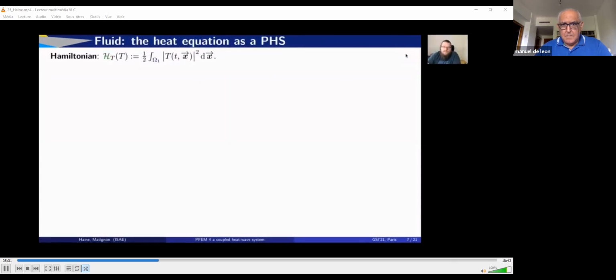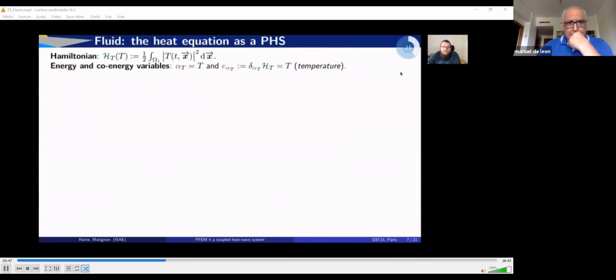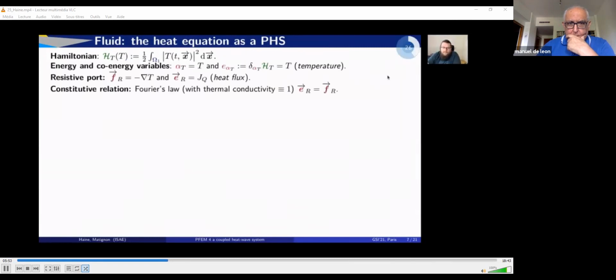So in the paper of Zhang and Zuazua, the fluid is modelized by the heat equation, and the Hamiltonian is given by this classical quadratic functional. The energy and co-energy variables are both the temperature.